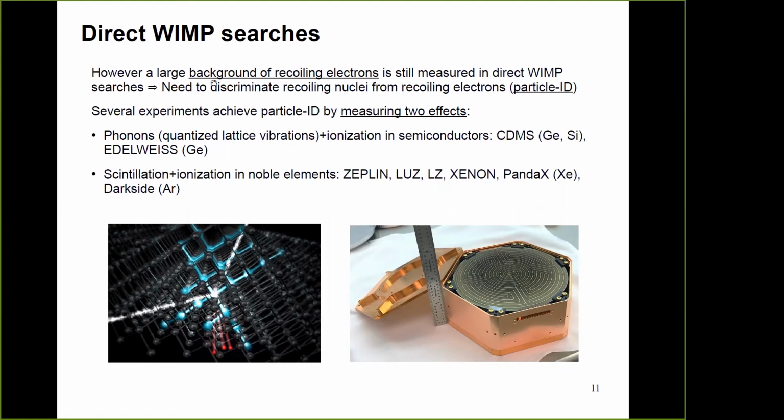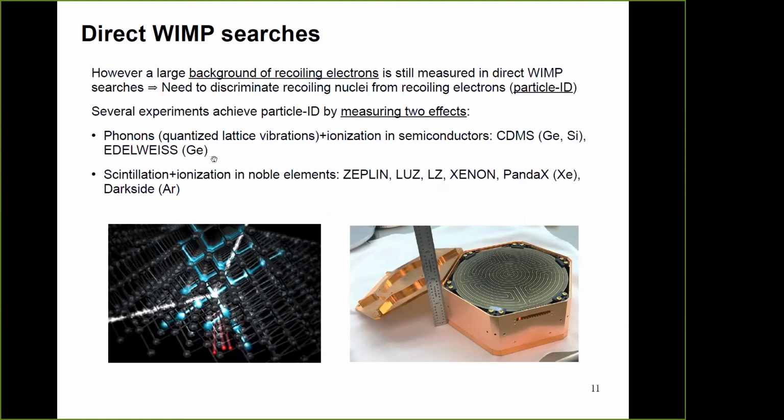So it is good if we can discriminate between these two kinds of recoil. We're going to have some particle identification. And to that purpose, what several experiments do is to measure two effects that the recoiling particle causes in order to distinguish these two particles. One approach carried out by solid-state detectors is to measure ionization produced by the recoiling particle and also phonons.